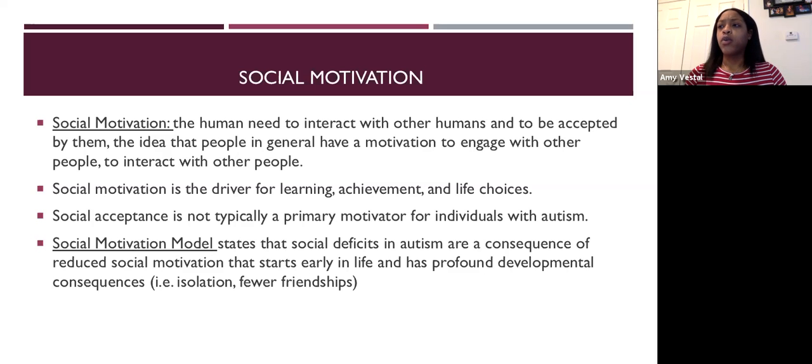So the one thing that we always want to remember is that social motivation is strongly influenced by your learning history, by your learning styles, by internal and external incentives, and the expectations of success or failure with particular tasks. So if a child knows that when they typically engage in a task, they are successful at it, they're going to be more likely and more willing to engage in those tasks.